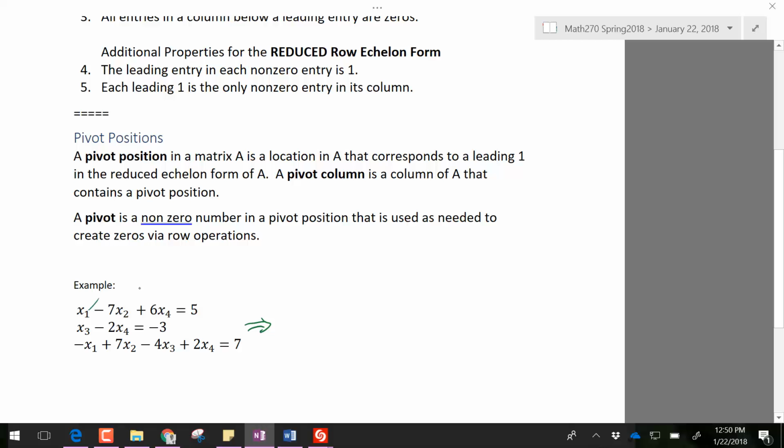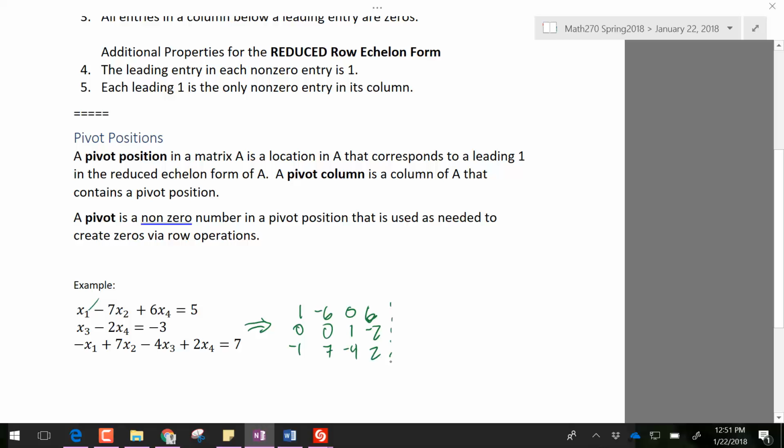So we have coefficients of 1, -7, and there's x3 that's missing here. We'll call that a 0, and a 6. And then x1 and x2 are missing for the second row, and then we have x3 has a coefficient of 1 and x4 has a coefficient of -2, and then -1, 7, -4, 2.